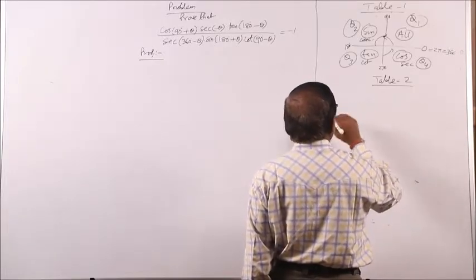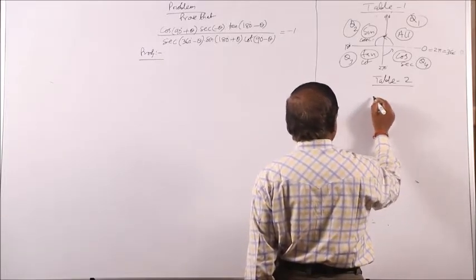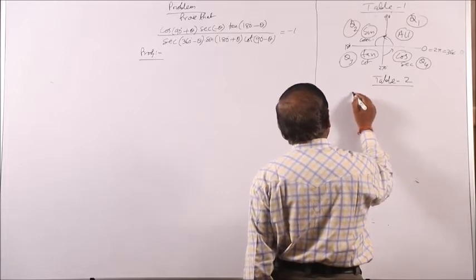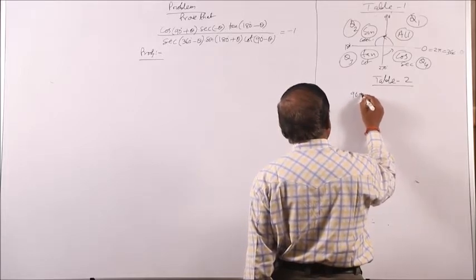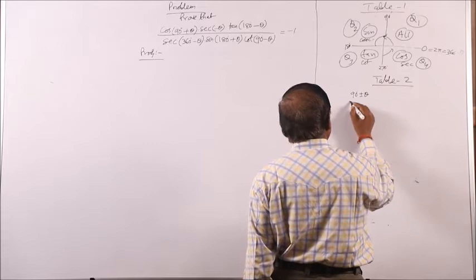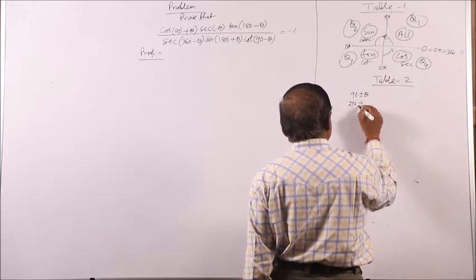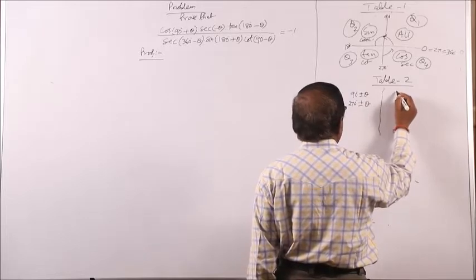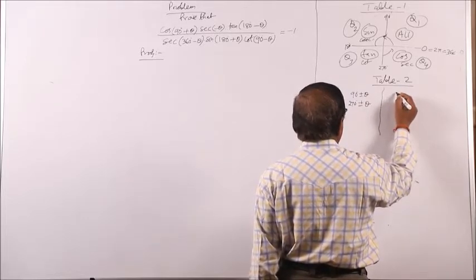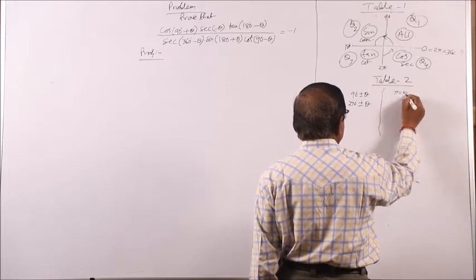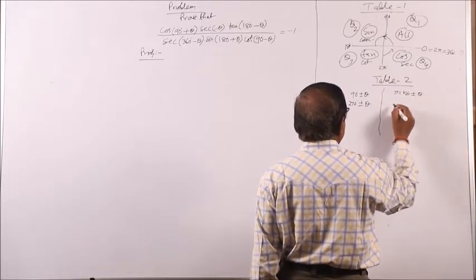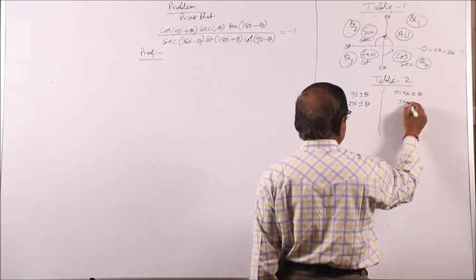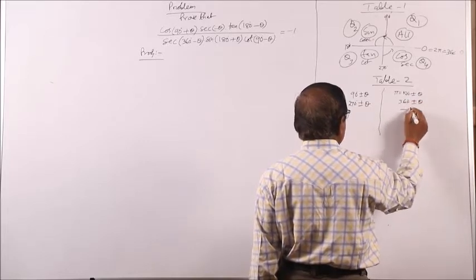Yes, I have told you, 90 plus minus theta, 270 plus minus theta, and pi, that is 180 degrees plus minus theta, and 360 degrees plus minus theta and minus theta.